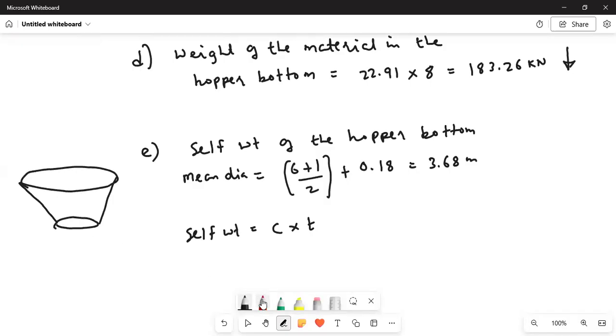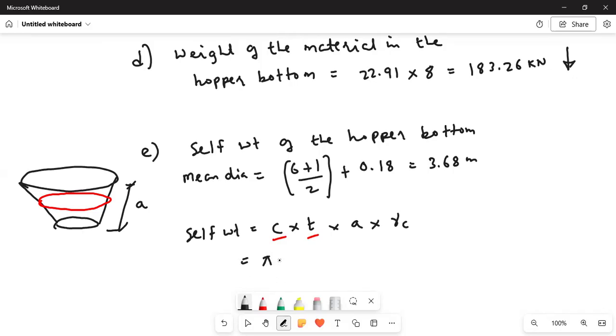We have considered the mean diameter, so we'll consider the circumferential of the mean diameter. Circumferential into thickness into A. What is A? This inclined length is A. You can find that using trigonometry. Into density of the concrete.